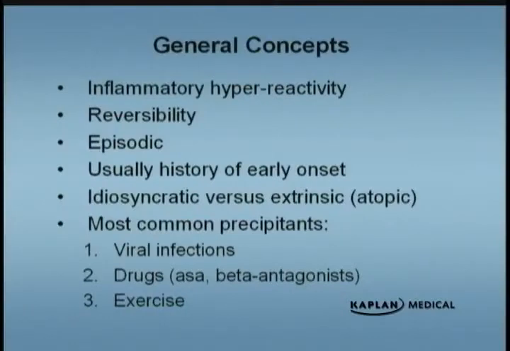The other thing we see is that we usually get a history of early onset in asthma. Most of the cases we see have onset when they're children, and then it goes into adulthood.